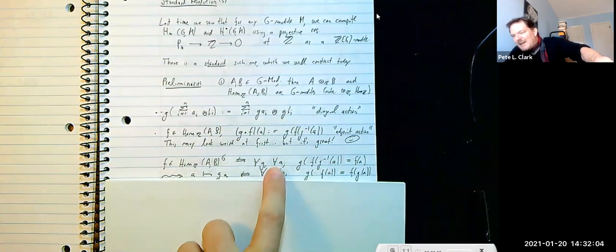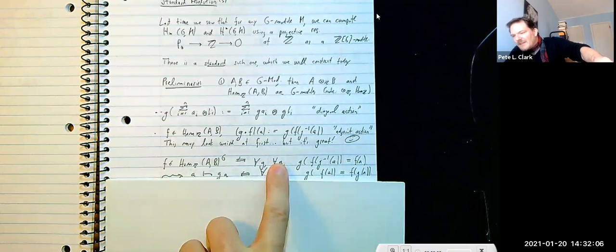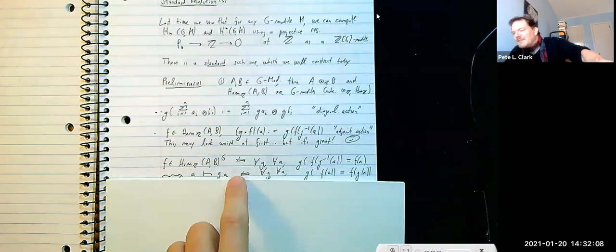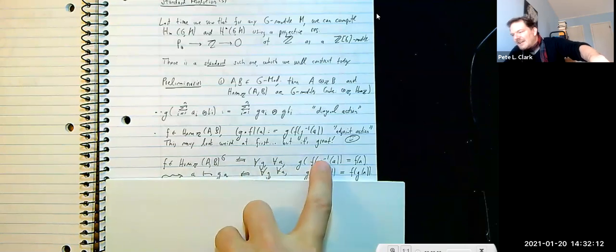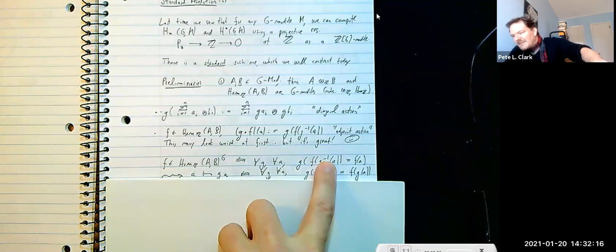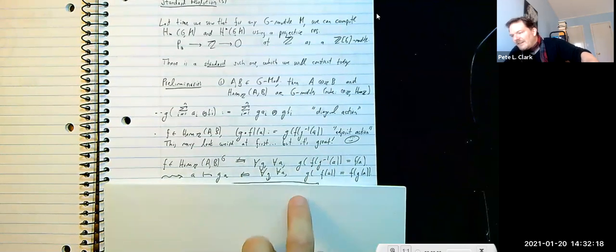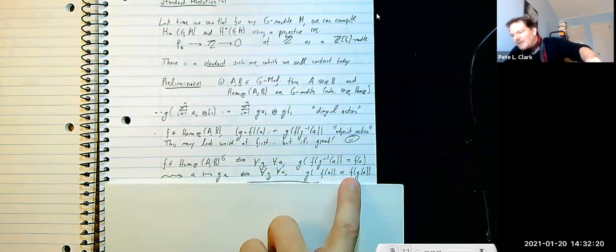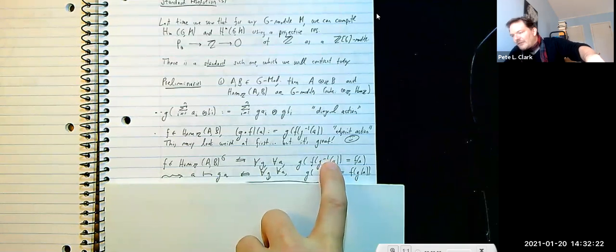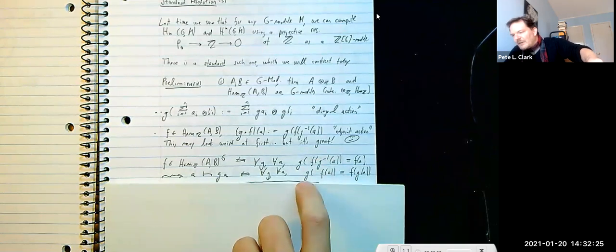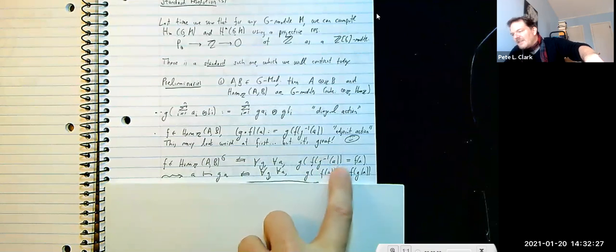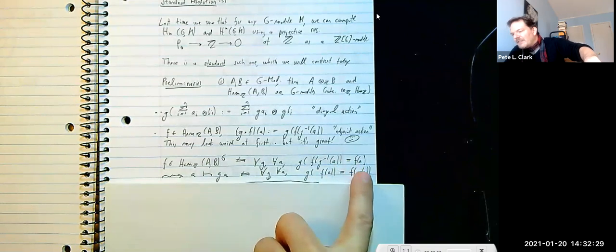And you look at this for a little while, and you're like, too many G's. As A ranges through all elements of A, so does G times A range through all elements of A. So without loss of generality, I can just substitute G of A in place of A here. Same condition. And once I do that, the thing pretties up considerably. That insertion of the G cancels out the G inverse, and so I get G F of A. And then over here, again, I replace A with GA, so I get this.